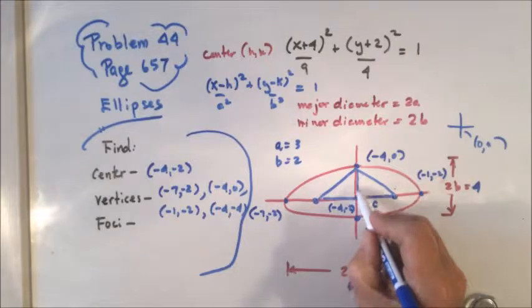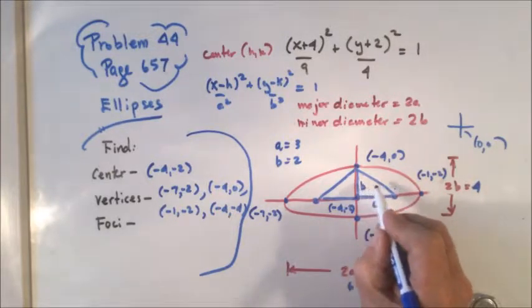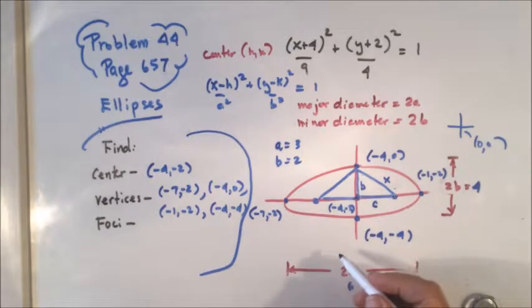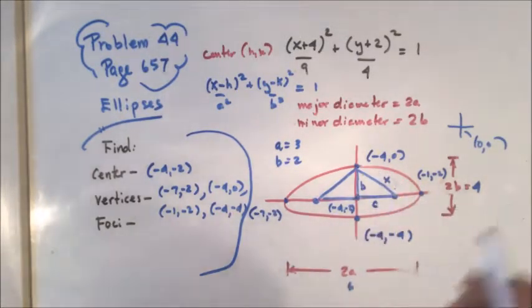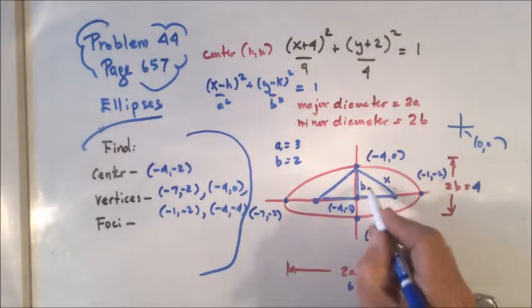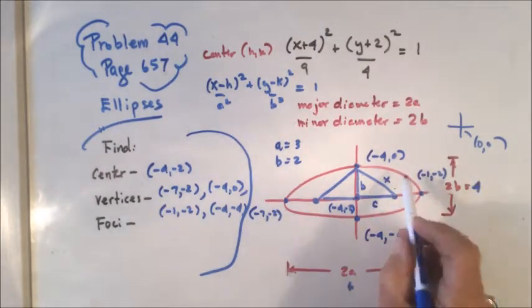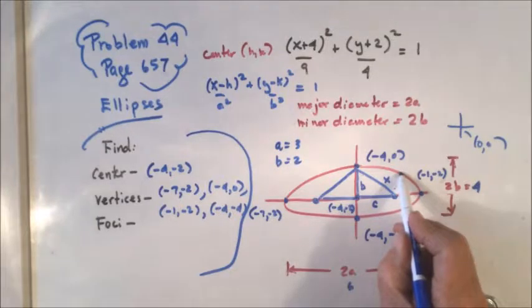This distance up from the center to this vertex is b, and what is this? What is x? Well, x squared is c squared plus b squared.